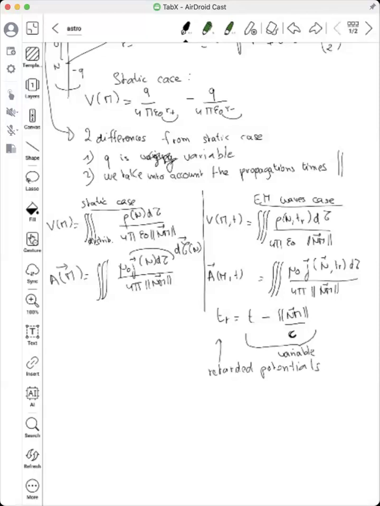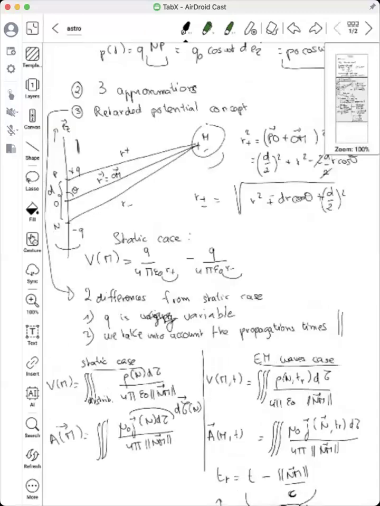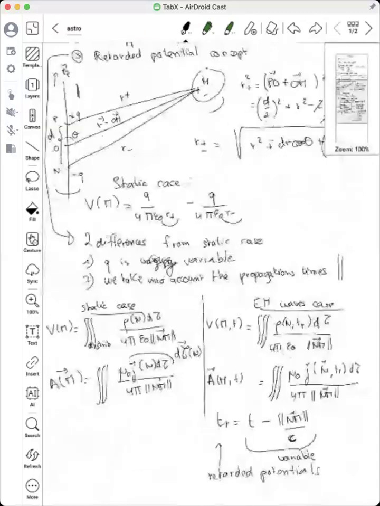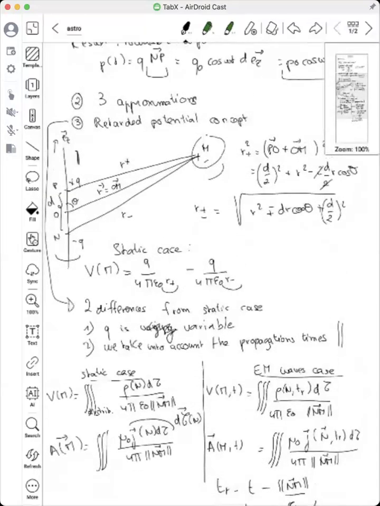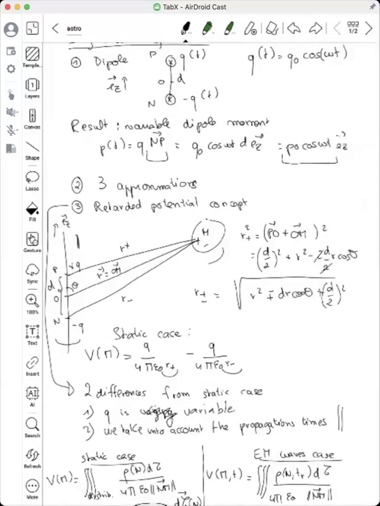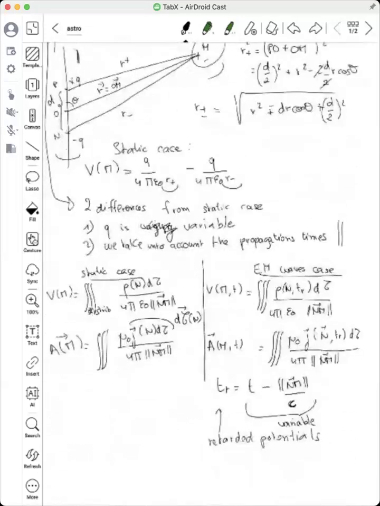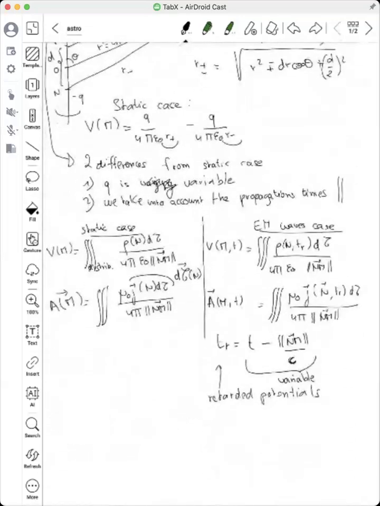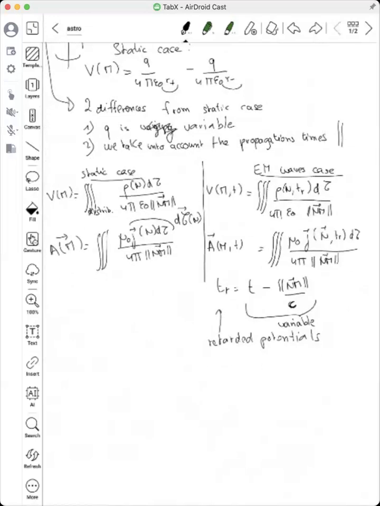I'm going to use it. So this was the third ingredient in my derivation, and now let's go into the derivation and use these three approximations that I mentioned.